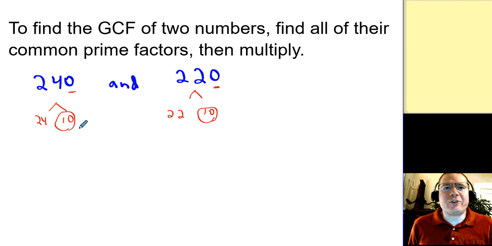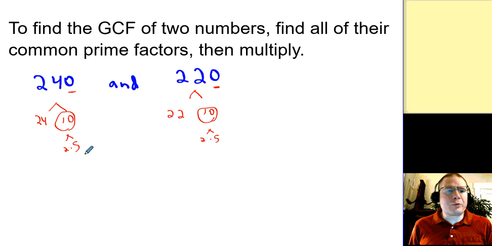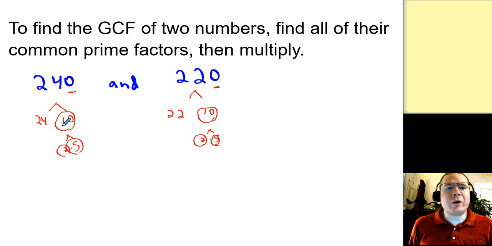Now, 10's fairly easy, 2 times 5. So if I get all of their prime factors, those are going to show up. And what's going to show up is that they have that 2 in common and the 5 in common. So they have that 10 in common. We are already much of the way there without going down to the nitty-gritty.